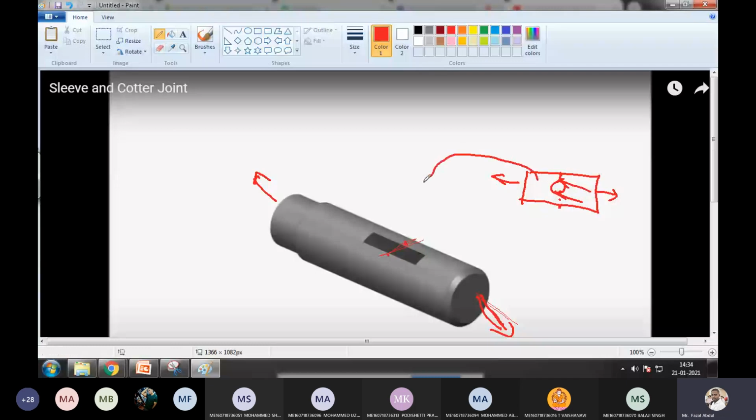Same concept is involved here. Because of the stress concentration, maximum stresses are generated here, and because of that the rod is going to fail in this cross section. Now after failure, how it appears, I am drawing the front view.